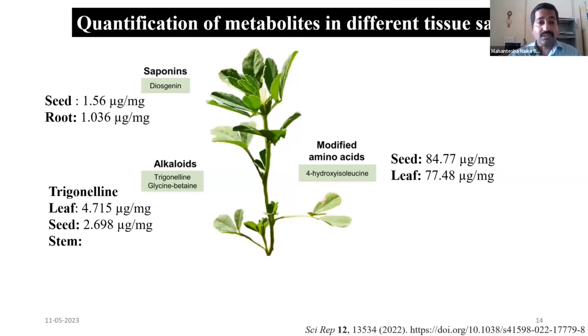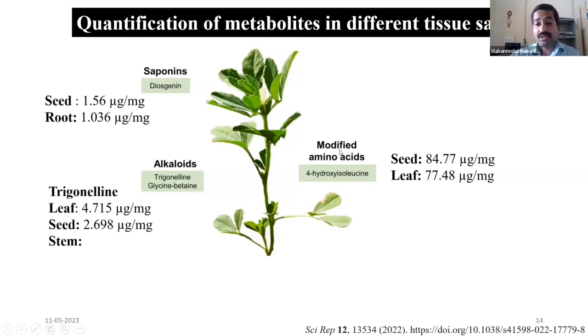If you look into diosgenin, especially in the seed, the highest is found at 1.56 microgram per milligram of tissue, and in the root it is 1 microgram per milligram.